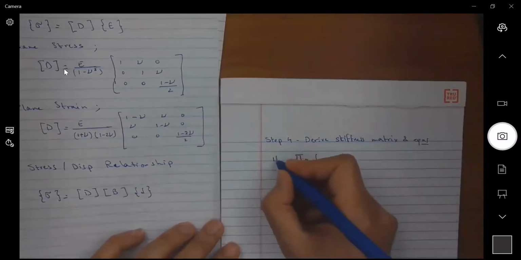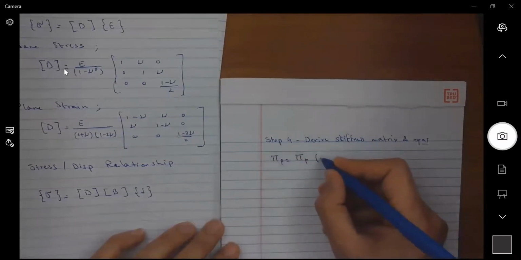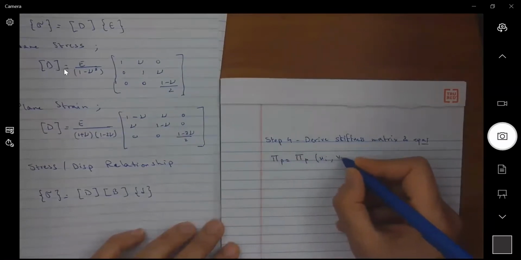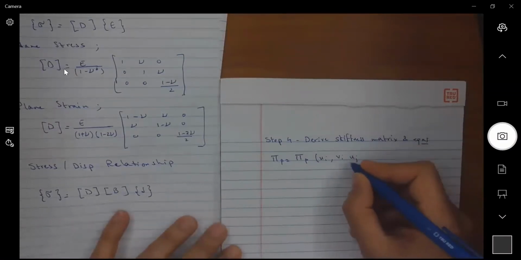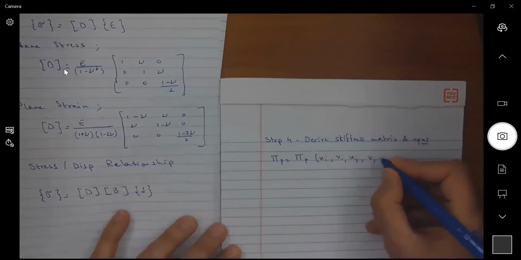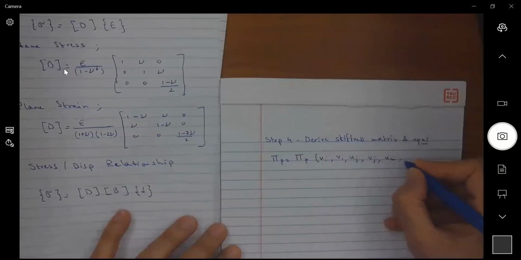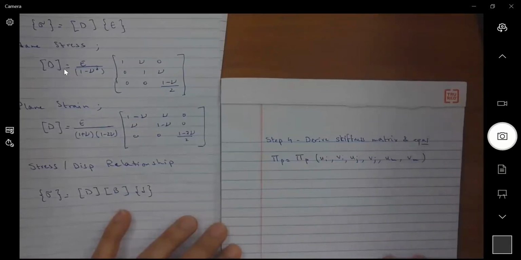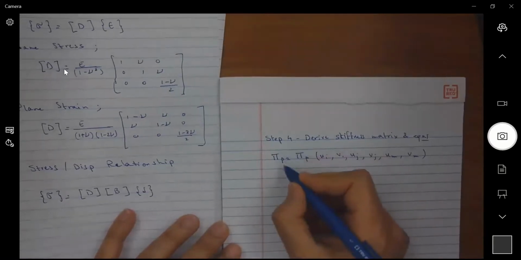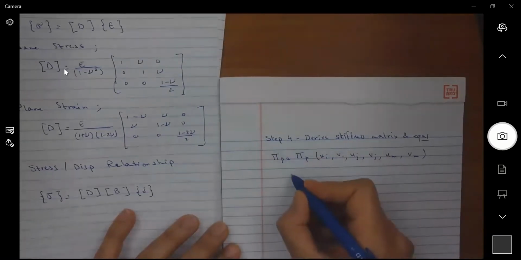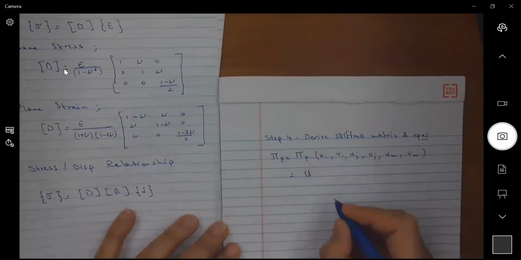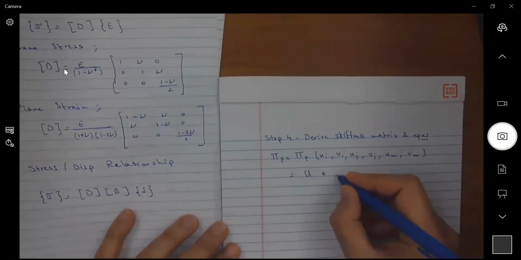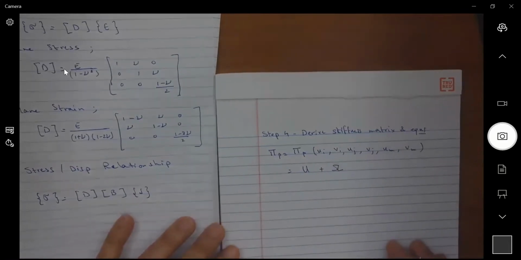So we want to write pi p as some function of ui, vi, uj, vj, and vm. So this is our goal. And the potential energy was equal to the strain energy U plus the potential energy of external forces gamma.